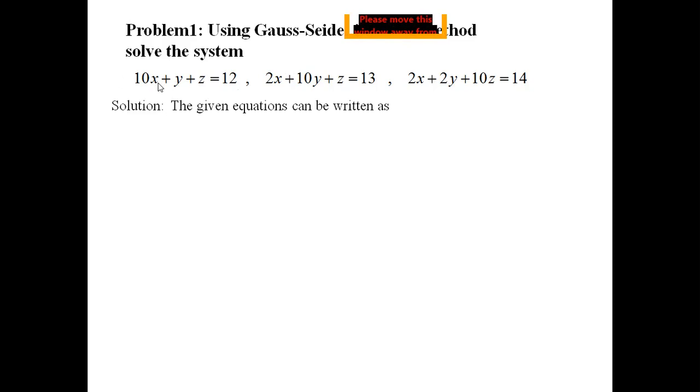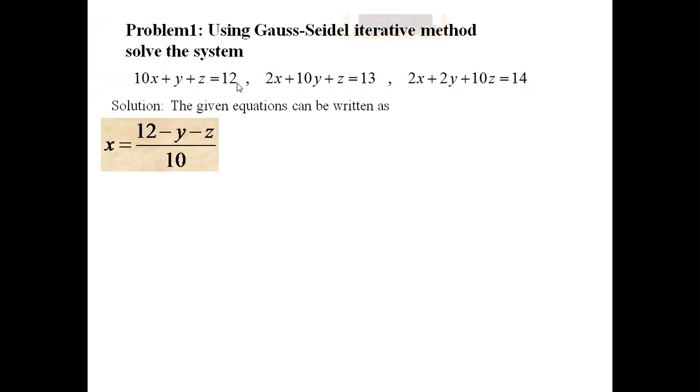How do we get this? 10x is equal to, taking these two variables to the right-hand side, 12 minus y minus z, divided by 10, which gives the value of x. So the first equation can be written as x = (12 - y - z)/10, because it is diagonally dominant in this order.